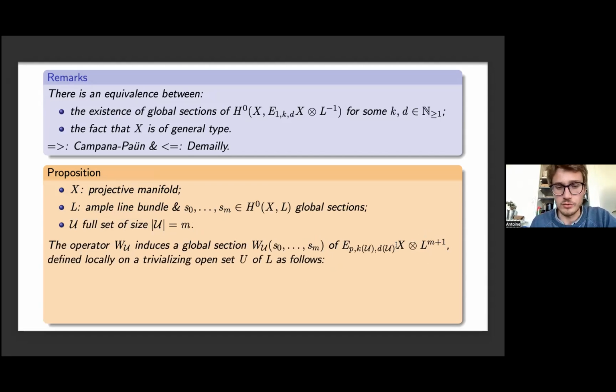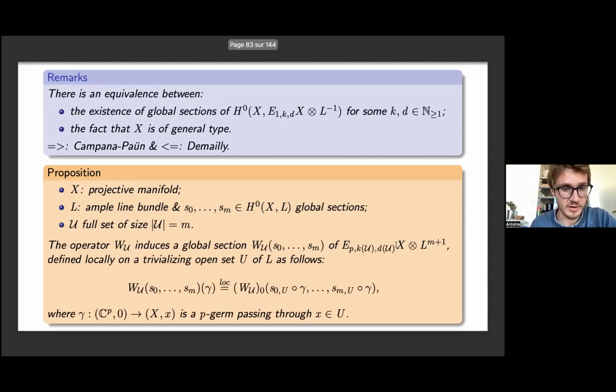And locally, on a trivializing open set, it is simply defined as follows. You take a germ, a holomorphic map from C^p to X, defined around 0 that sends 0 to x, and you write your sections in a trivialization.